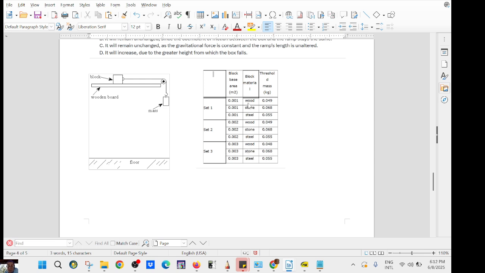Okay, so that will be different material used. This is the block here. That will be different area. And so that will be the mass that you need to put, so you can overcome static friction, and it's going to start moving.